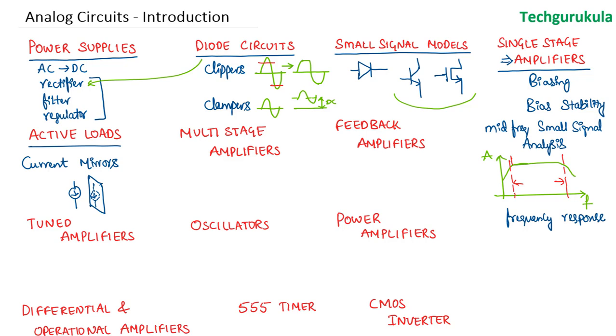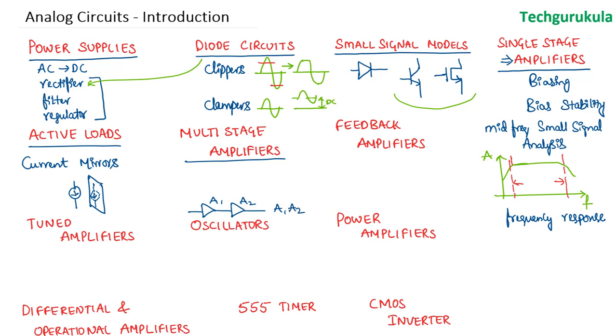Once we deal with single stage amplifiers, we'll move on to multi-stage amplifiers. Let's say when we design a single stage amplifier, the amplification factor is not enough. Let's say the amplification factor that we get out of one amplifier is A1. If you connect the output of that amplifier to another amplifier that has amplification factor of A2, then the total signal amplification would be A1 times A2.